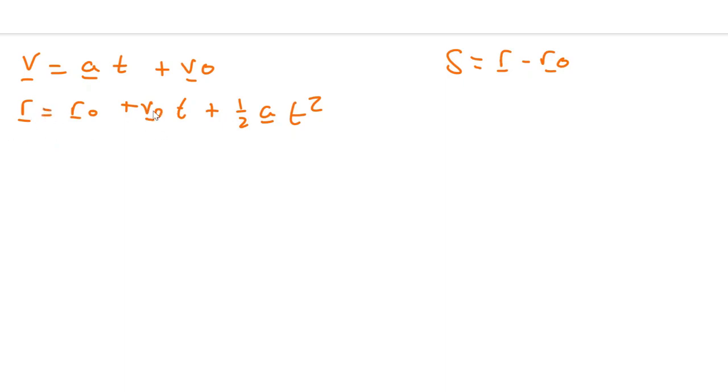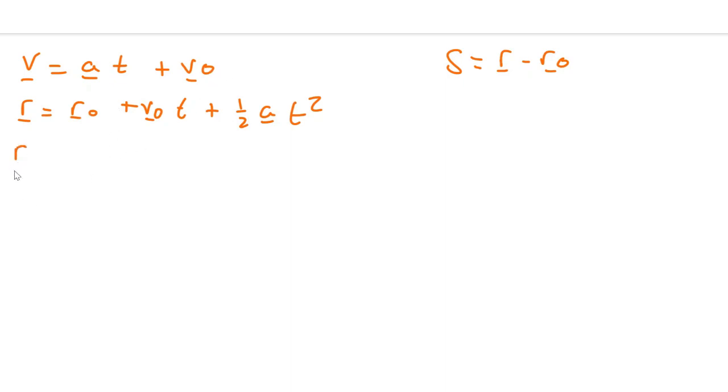And U we've replaced with V0 just because in this vector notation, if we're talking about an initial position R0, U would be the speed at R0, so it makes more sense to call it V0, just so that the notation is all lined up. So R corresponds to V and R0 corresponds to V0.